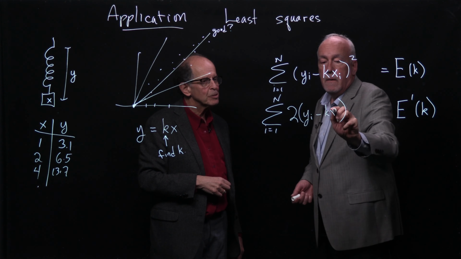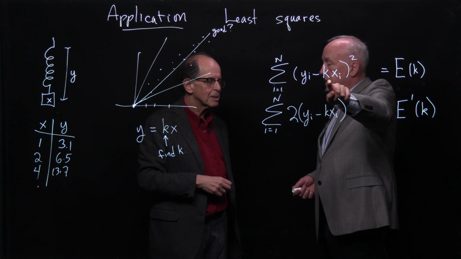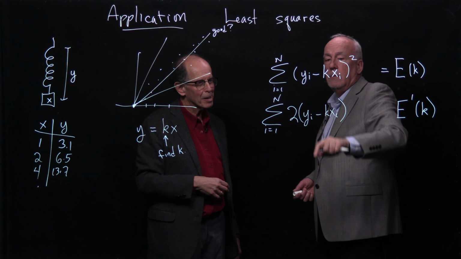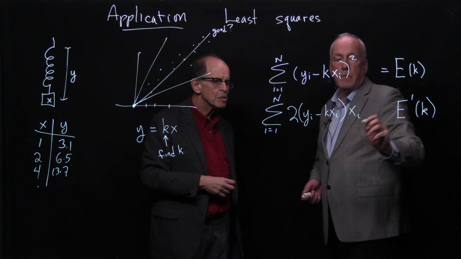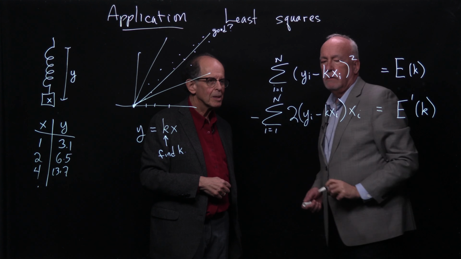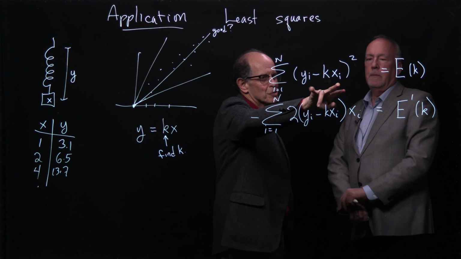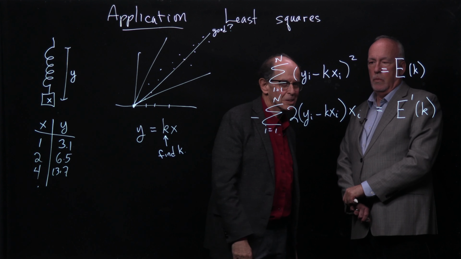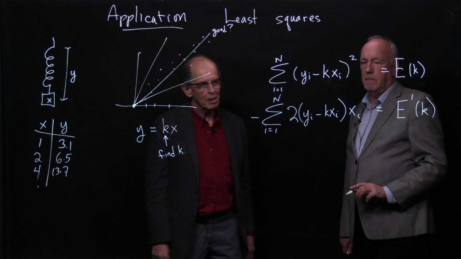And now we differentiate what's inside, with respect to k. Well, that's xi. So we get it multiplied by xi. Is there a minus sign? Ah, yeah, let's put the minus sign up here. That comes from the derivative of this yi minus kxi, that linear function with respect to k, which is minus xi, right? That's right. Okay.